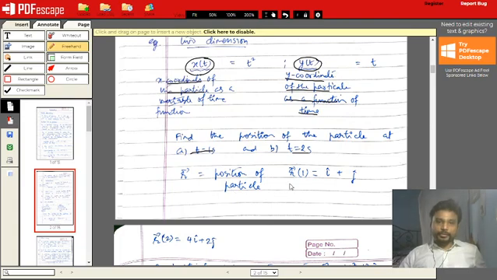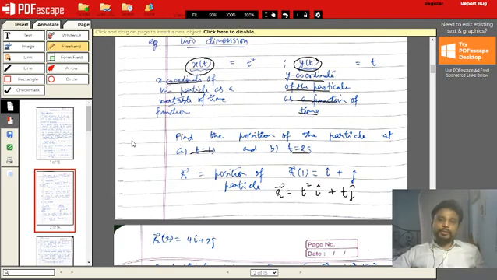Position of particle, that is r vector, is x i cap plus y j cap. Now x is t square i cap plus t j cap. So we put the value of t here. So when we substitute value of t here, we would get 1 square i cap plus 1 j cap.